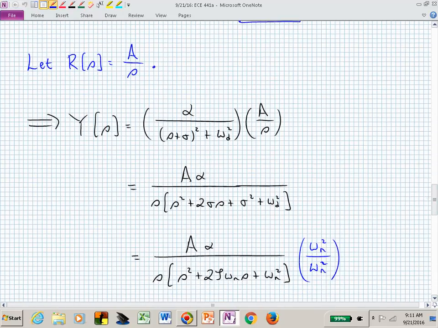Now what I want to do is actually convert that into something that has better properties or is easier to inverse Laplace transform or easier to deal with, and for that reason I'm simply going to multiply by 1. I can always hit something with 1 in terms of a scaling, and it's not going to modify that value. If I hit 3 with 1, it's still 3. Here I'm simply using a nice 1, which is omega sub n squared over omega sub n squared.